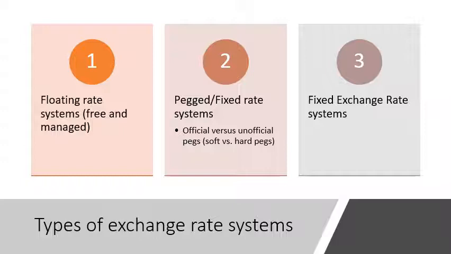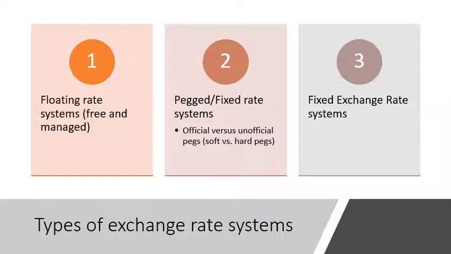The Jamaica Accords said that it was okay for countries to float their currency if they wanted to. And we'll recall from class that about 50% of countries still have some kind of peg in their currency for various reasons. So now we basically have two systems.